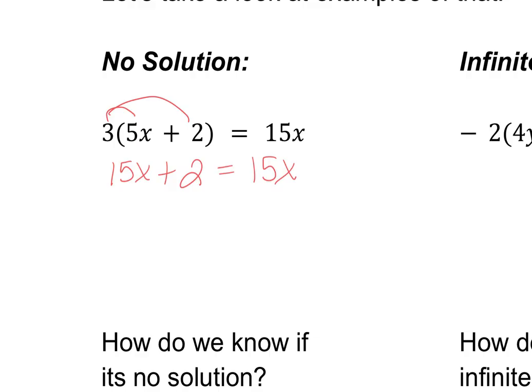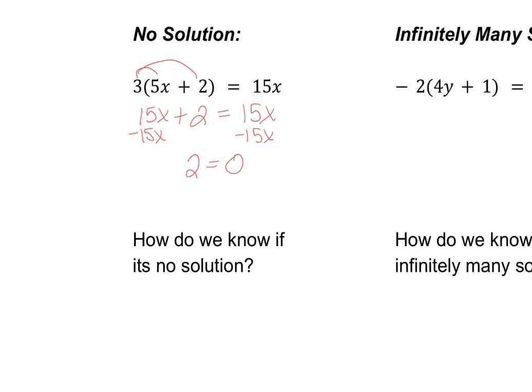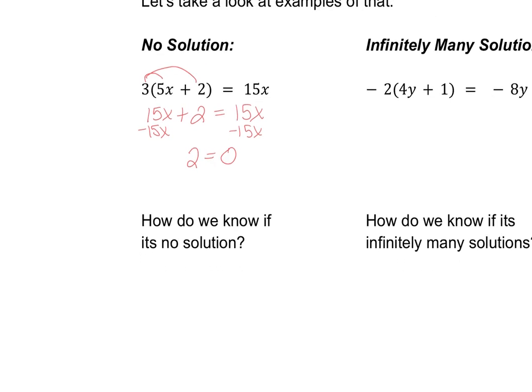But what it looks like algebraically is if I get my x's on both sides, if I subtract 15x from both sides, I'm left with 2 on the left. 15x minus 15x is 0, okay? And as we all hopefully know, 2 does not equal 0, okay? Which means, how do we know what our solution would look like if there was no solution?